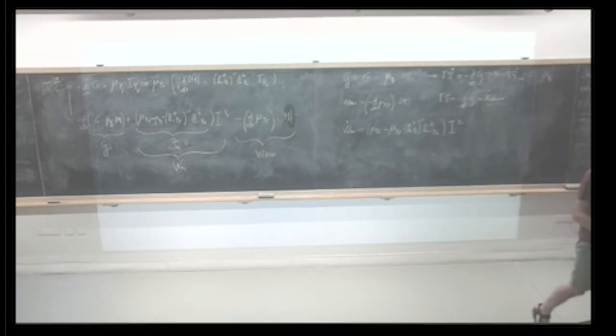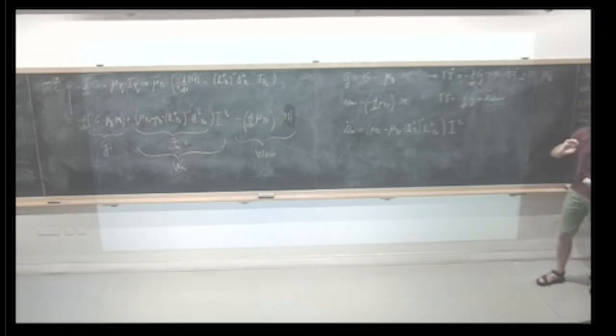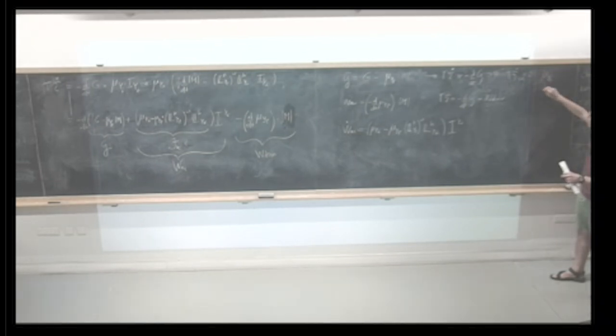Now, let me first give you the intuition, then I'm going to show you that with a derivation. We are going to see that when the system has only potential species that are chemostatted, then the chemical potential of those potential species define the chemical potential of the force species at equilibrium.